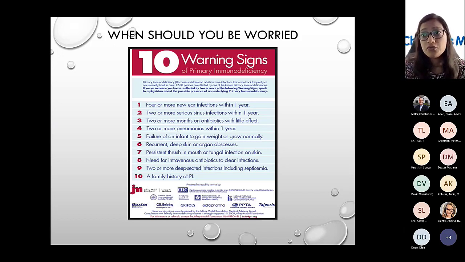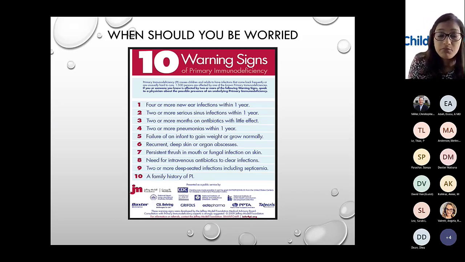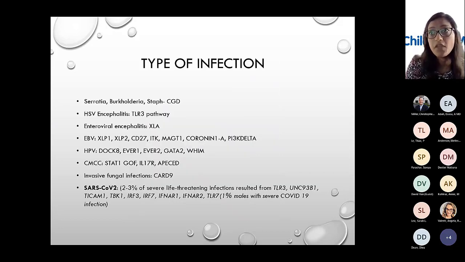Again, failure to thrive, recurrent deep-seated infections, opportunistic infections, including just persistent thrush, need for IV antibiotics, family history of immunodeficiency. That's a pretty important part of the history that can help you determine if you need to do immune workup.